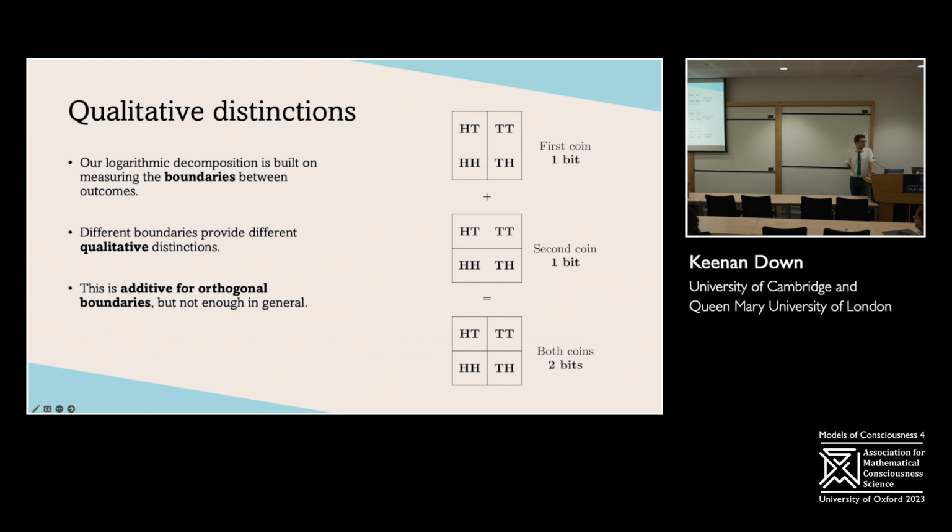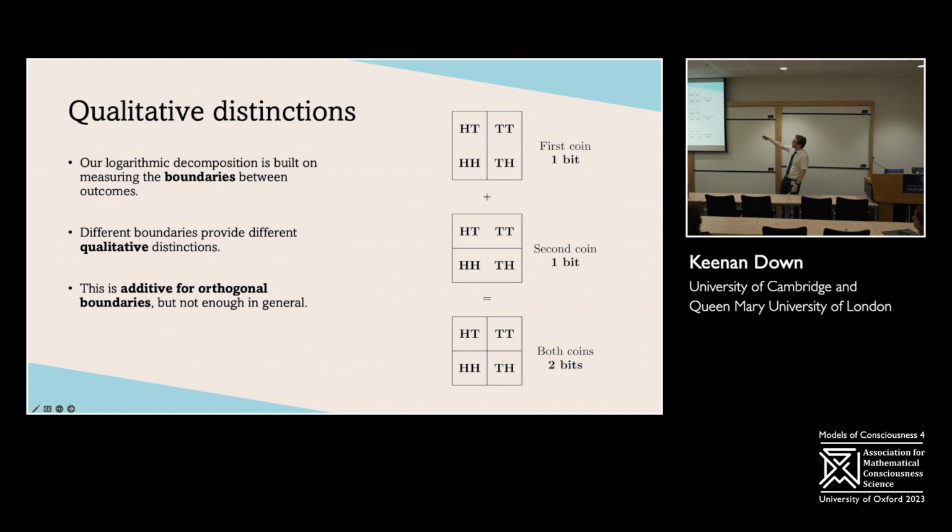If you think about this qualitatively, what we're really doing is thinking about how different outcomes encode qualitative information. The way we could think about this: I flip 2 coins, right? Any one of these 4 things could happen. I could get heads, heads, heads, tails, tails, tails, tails, heads. And this notion of separating the first coin, this division between all the worlds in which I had heads and all the worlds in which I had tails, is qualitatively different from the horizontal one, this other one where we're thinking about the second coin.